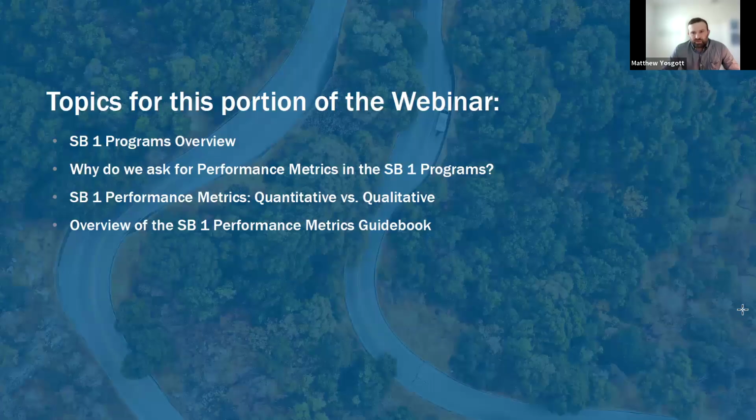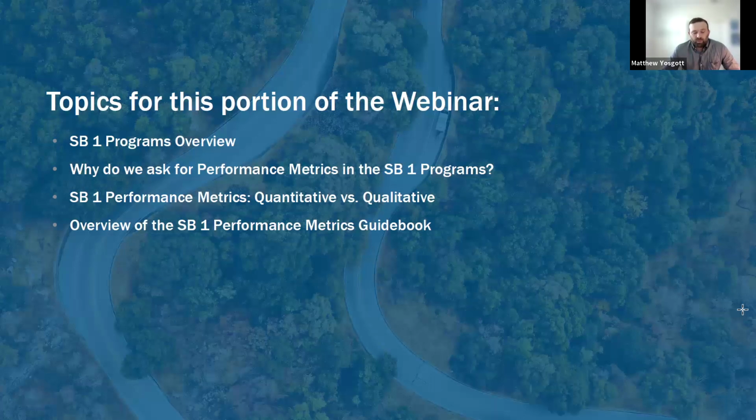So just a quick overview of what I plan to cover. I will give a very brief overview of SB1 and the 3 competitive SB1 programs. Then I'll describe why the Commission asks for performance metrics within the SB1 programs. I will give a very brief overview of what the SB1 performance metrics are, and we do have both quantitative as well as qualitative performance metrics.